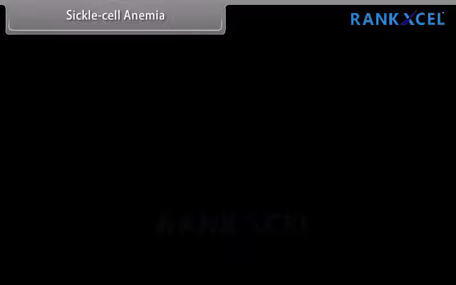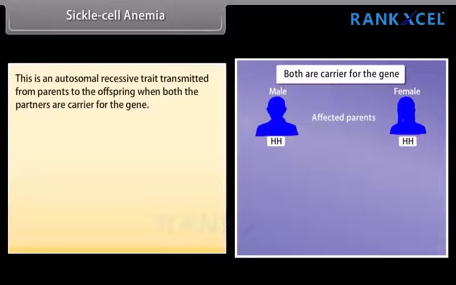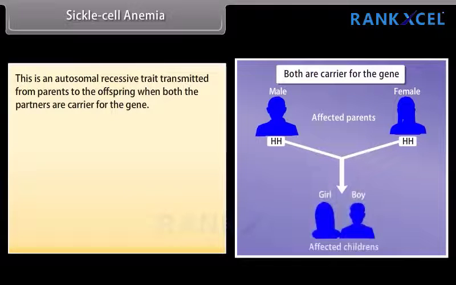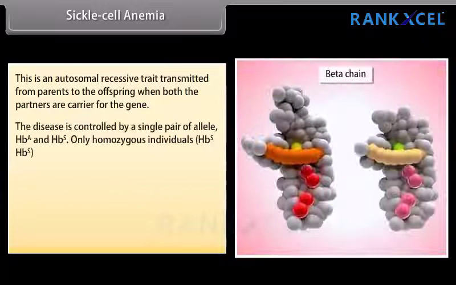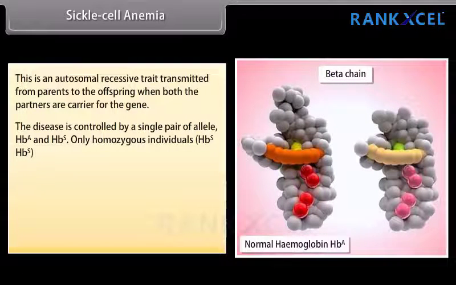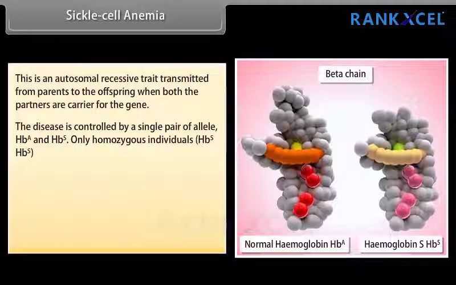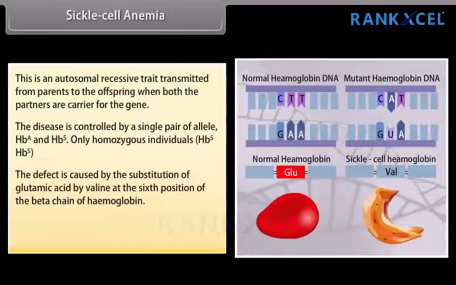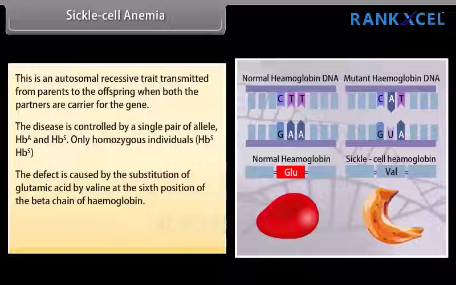Sickle cell anemia. This is an autosomal recessive trait transmitted from parents to the offspring when both the partners are carriers for the gene. The disease is controlled by a single pair of alleles, HbA and HbS; only homozygous individuals, HbS HbS, are affected. The defect is caused by the substitution of glutamic acid by valine at the 6th position of the beta chain of hemoglobin.